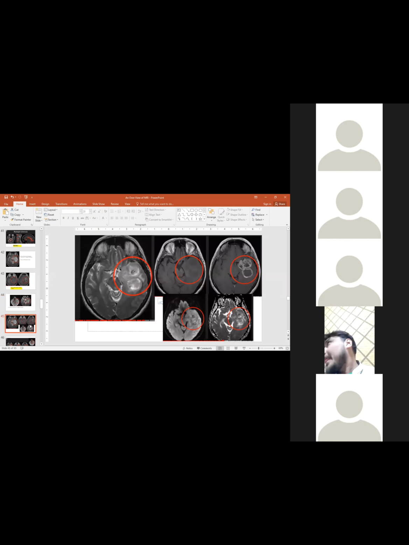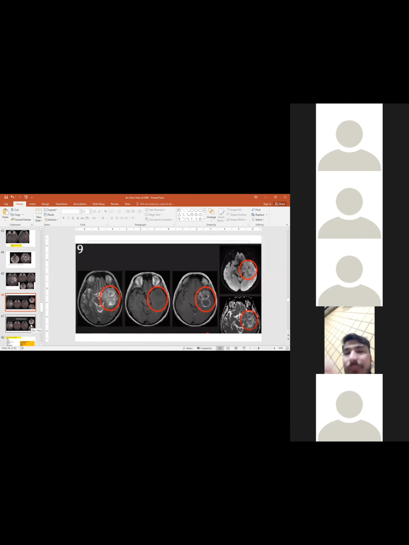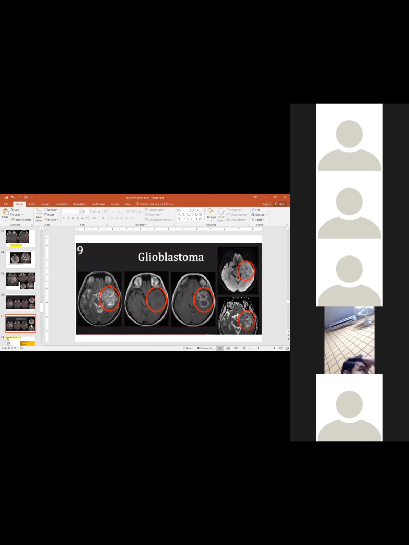And collecting all these images and comparing them, this one, this, and this, and seeing them collectively, we came to our inference that we were dealing with a glioblastoma. So a glioblastoma is a tumor of glial tissue, and glial tissue is supporting tissue to neuronal tissue.